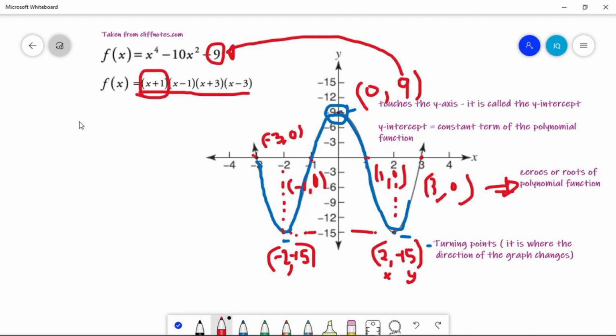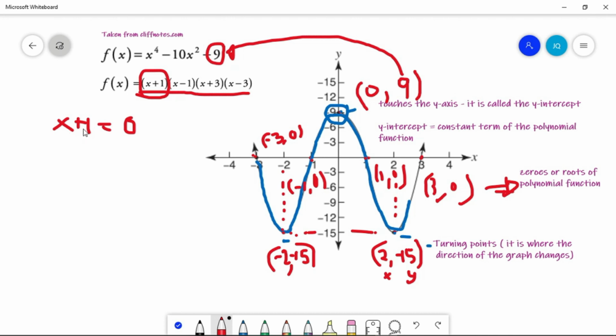So for example, this one, we will get the first factor, x + 1 = 0. When we say roots or zeros, it is the time when we equate the function to 0 because y is equal to 0.